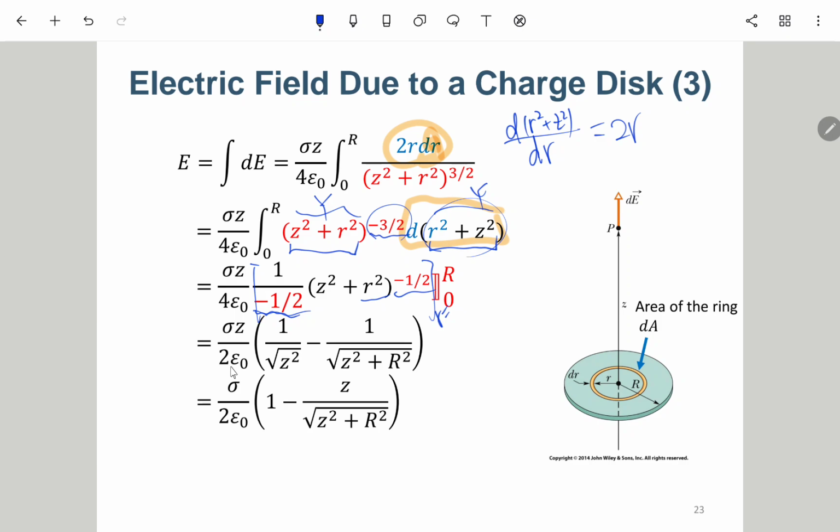And finally, we can distribute this z into here and here. Z cancels with this one, it turns out to be a 1, and z is put in the numerator for the second term. So finally the expression is E equals this stuff. It looks quite complicated, but we can still do some approximation on the next page.